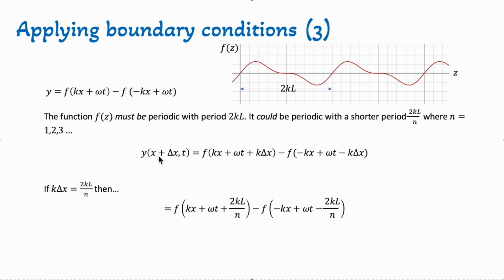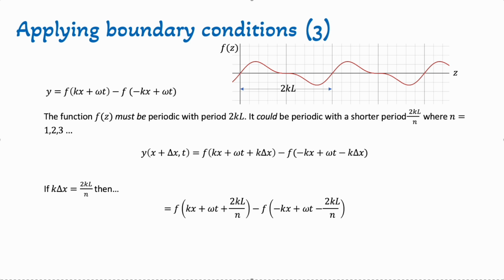And when I look at this, what's in this bracket here is the same as what's in this bracket up here, but moved on by 2kL over n. In other words, the function has the same value, because we know that when we move on by 2kL over n, the function repeats itself.